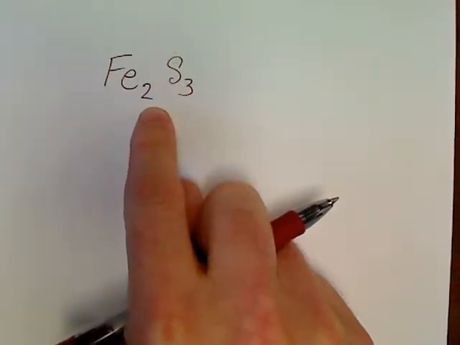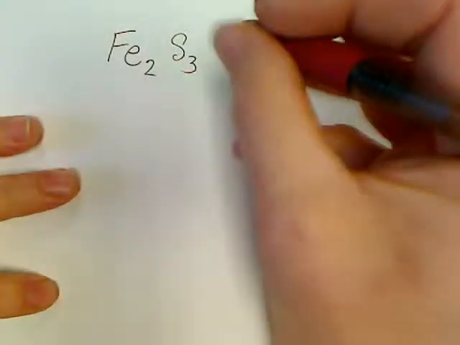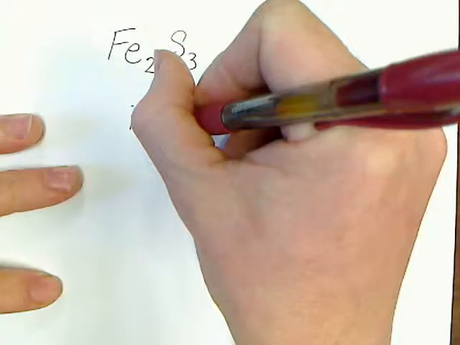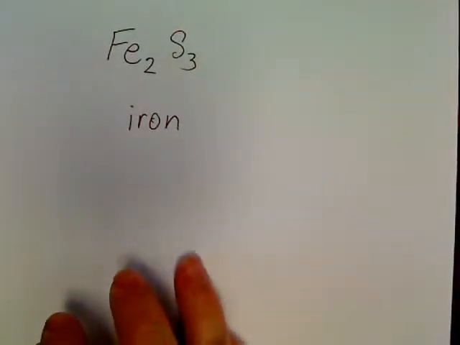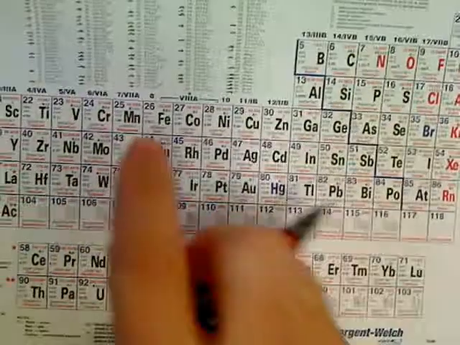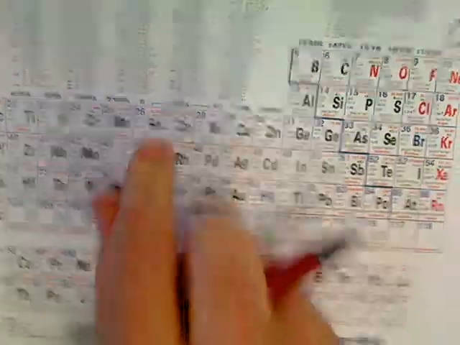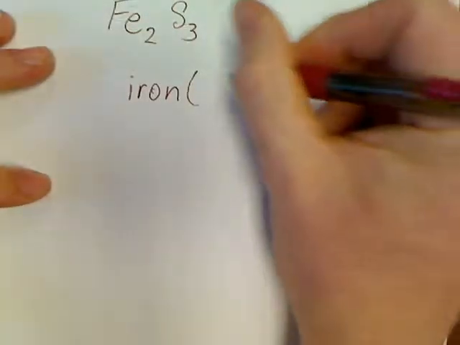So, since this is to the left of the zigzag, do I even get to use any of this? No, I don't even get to use it. So, I'm just going to go iron, but do I need a Roman numeral with it? Whenever I do ionic, I always got to check for this. Iron has more than one oxidation number, either 3 or 2.